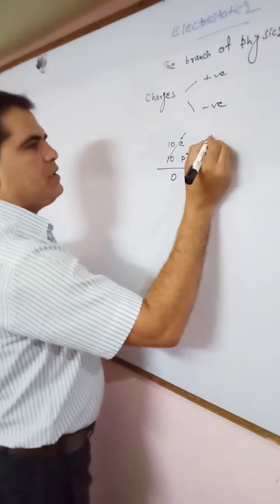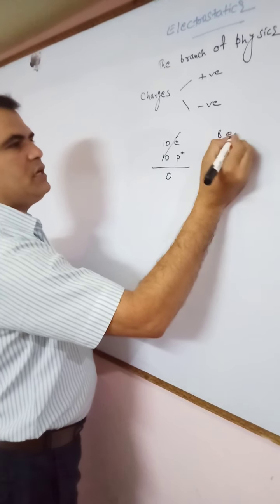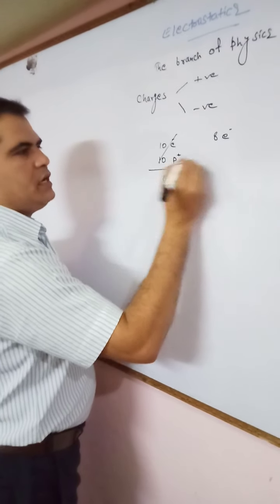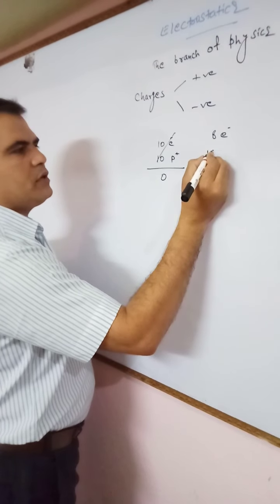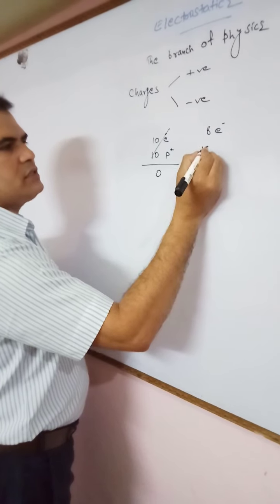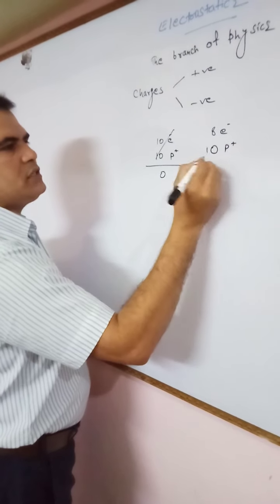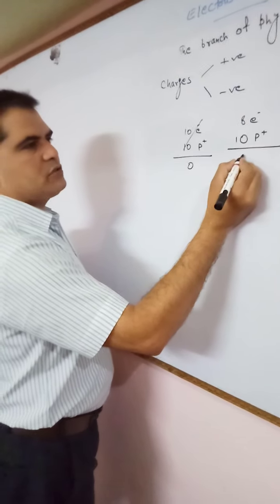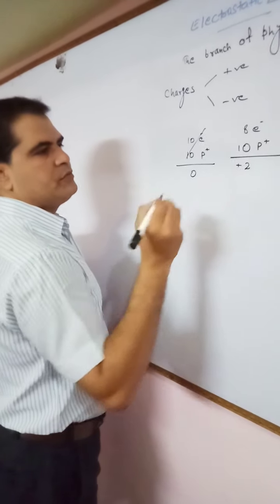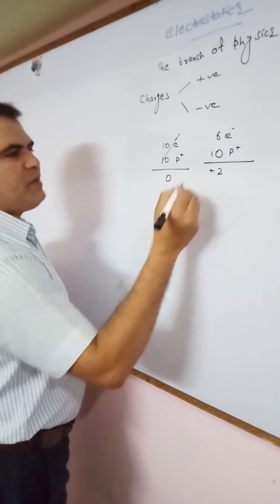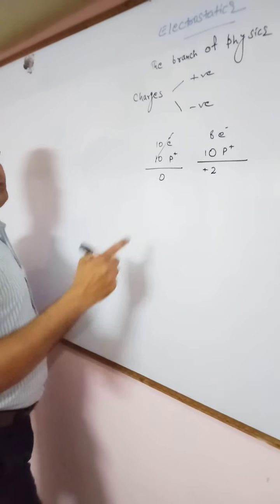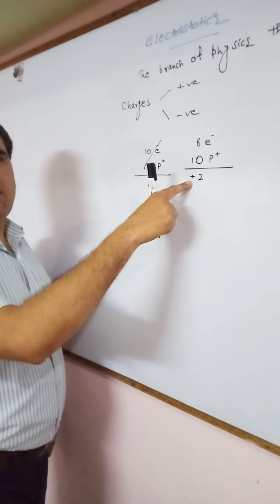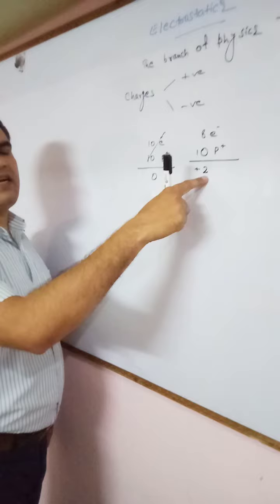But when it loses 2 electrons, that means 8 electrons, and the 10 protons remain, so it is positive, right? So 10 plus and 8 minus will give a rise of plus 2. So this is a positive charge with magnitude 2. The plus shows the charge type, whether negative or positive, and 2 shows the magnitude.